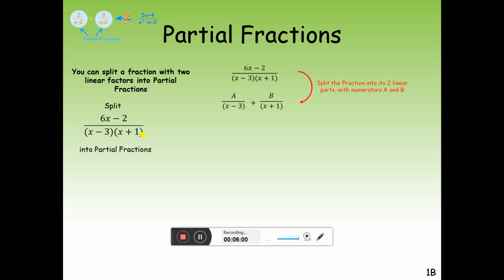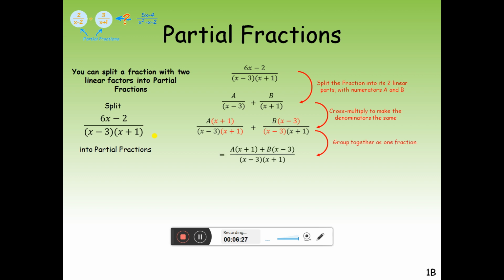We will take the LCM, which we have learned before in the previous slides. When we take the LCM, x plus 1 will be multiplied in the numerator and denominator of the first, and similarly in the second, B upon x plus 1, x minus 3 will be multiplied in the numerator and the denominator both. Now the denominator becomes the same, so we can add this.